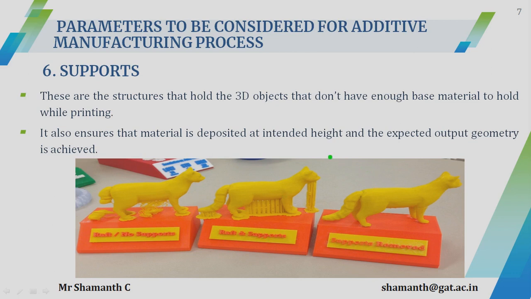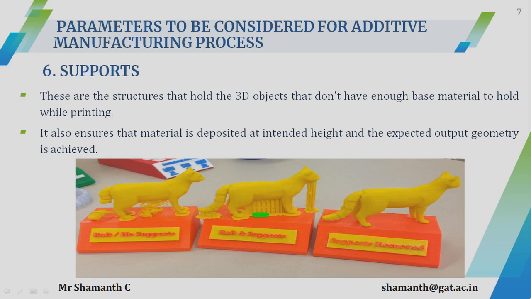Say, for example, the head of the part has to be printed. Can you see the support given here? This is the support given so that the head is printed at the intended height and you get the expected geometry.